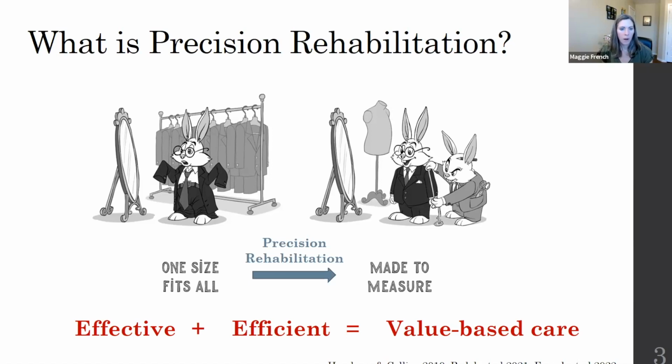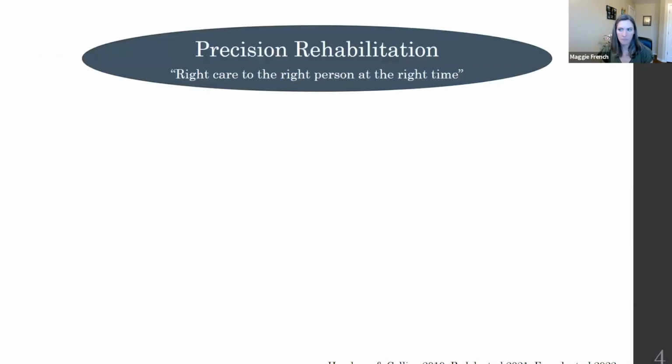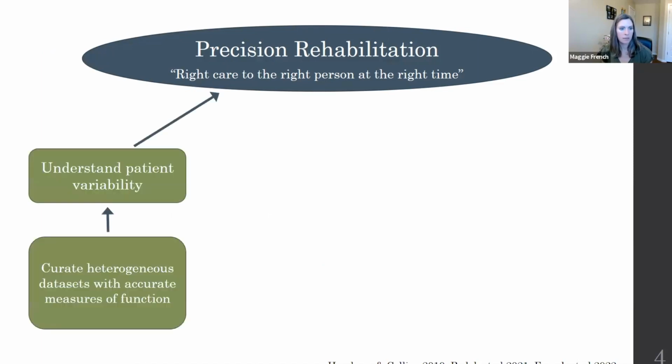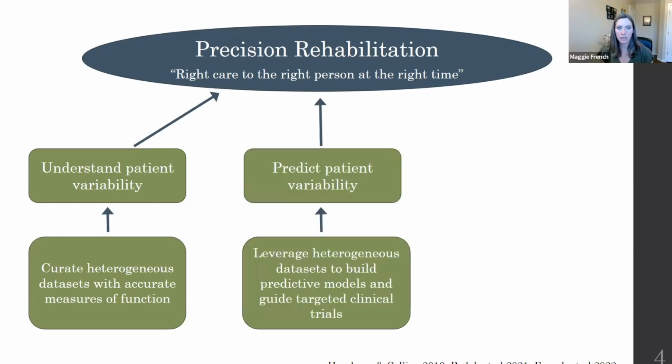So I want to highlight why electronic health records are important for precision rehabilitation. And to do that, I just want to boil precision rehabilitation down to three primary steps. The first step is that we need to understand patient variability, which requires that we curate heterogeneous data sets that have accurate measures of function. We then have to be able to predict that variability, meaning we have to use those heterogeneous data sets to help us build predictive models.